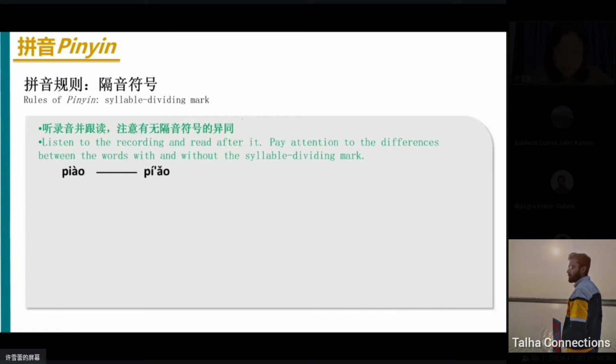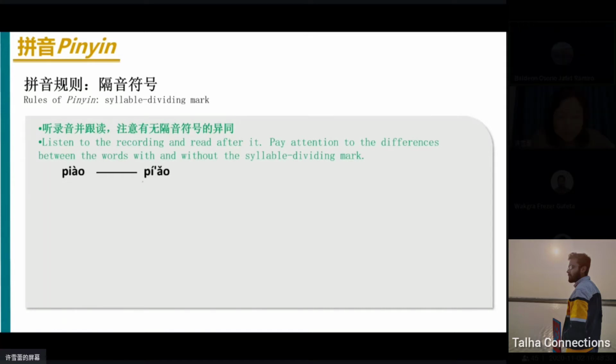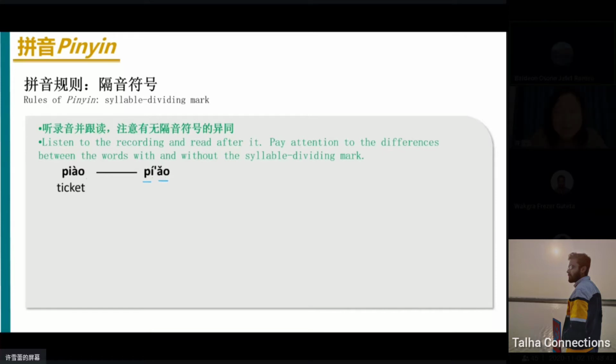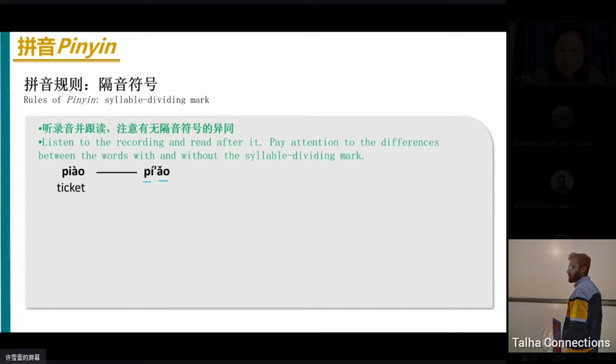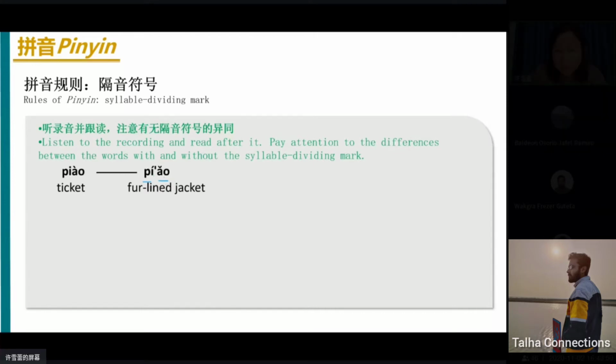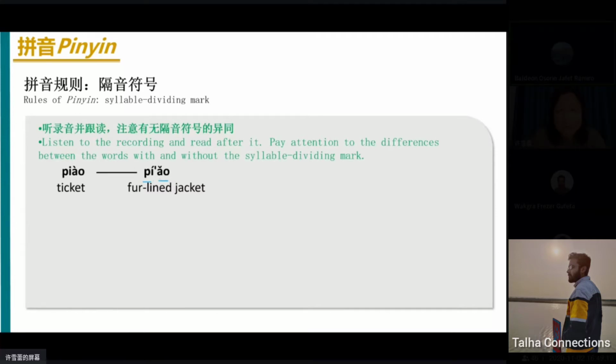It is two syllables, pí ǎo. Without the dividing mark, it is 票, which means ticket. With a dividing mark to separate them into two syllables, the meaning changes. It becomes fur-lined jacket, 皮袄, a totally different thing.